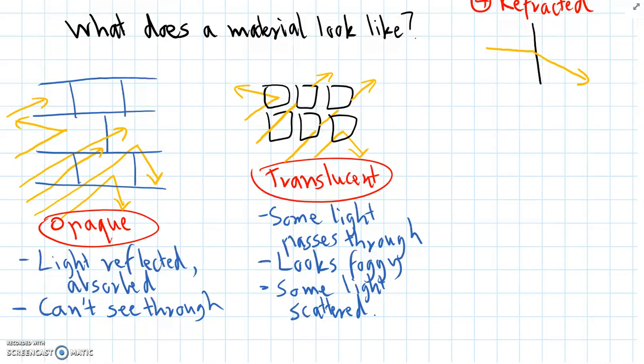And scattered means, if we have air and in this example the glass, some of the light comes into the glass, but then it hits particles in the glass and then it rebounds off those in different directions. And that's what we call scattering.